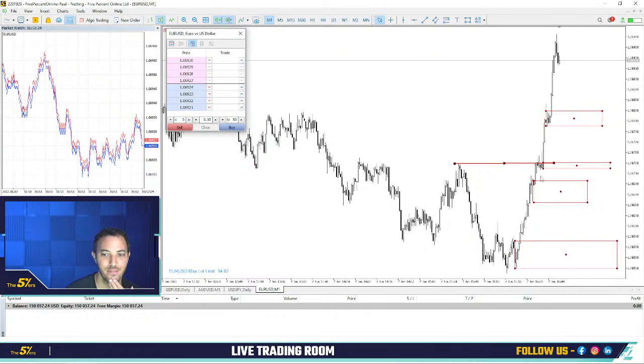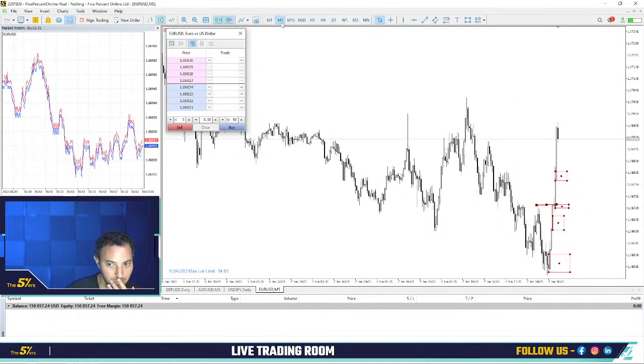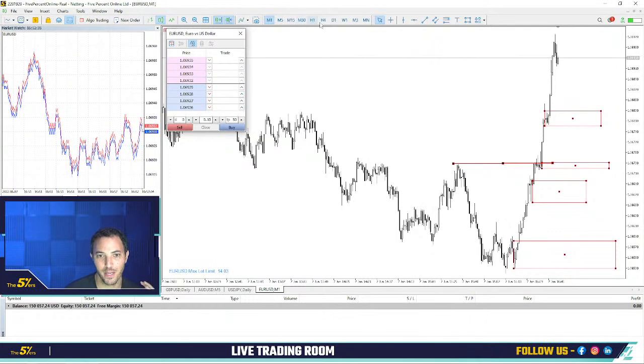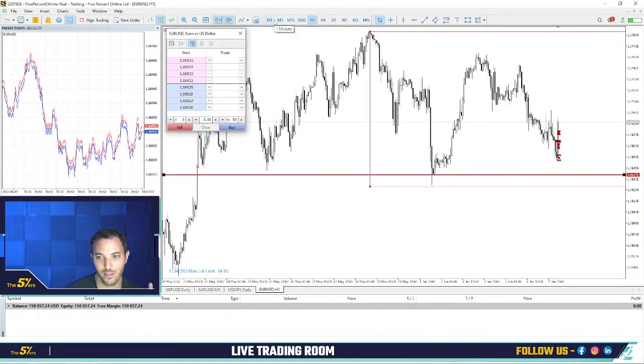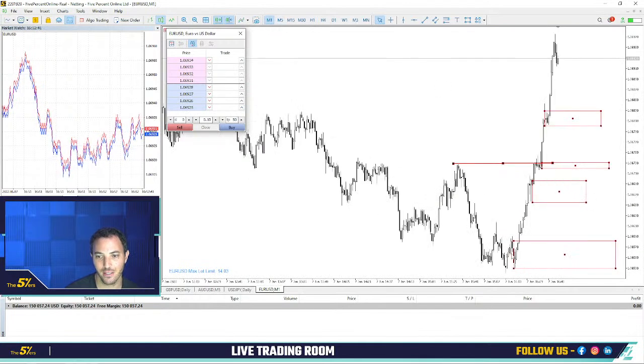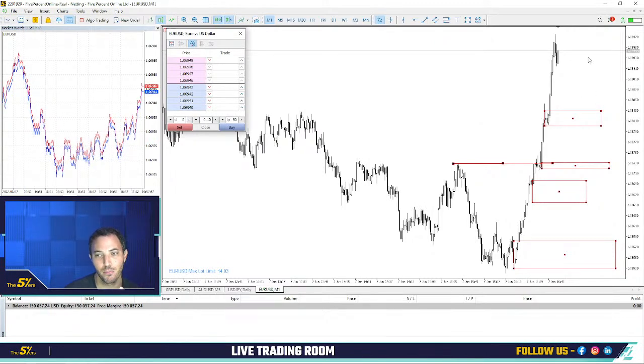So that's a fundamental movement. Now, and I always do this, if I'm just opening the charts with a fresh look and I see this movement, I want to go long. So I want to wait for a pullback and start buying.